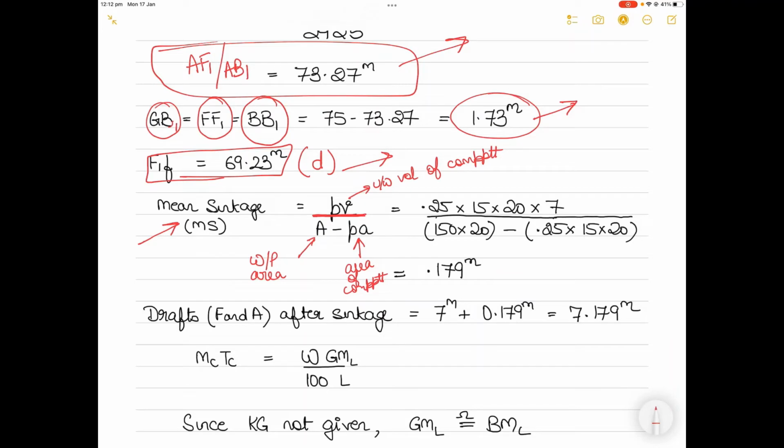So permeability is of course included everywhere. So permeability multiplied by length of the compartment, breadth of the compartment and draft. This will give me the underwater volume of the compartment. Then original length by breadth of the vessel, minus permeability multiplied by length and breadth of compartment. I get mean sinkage is 0.179.